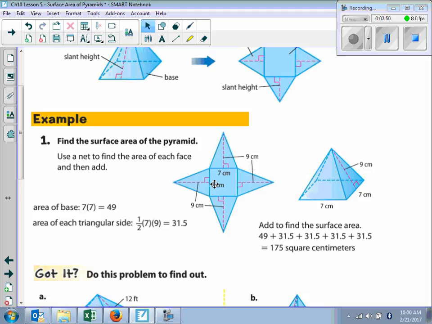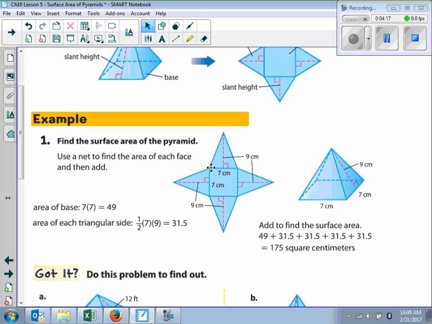Yeah. Now notice that the base for all of the triangles is the same, right? What about the height of all of the triangles? They're all the same, 9, 9, 9, 9. So that means that they're all going to have the same area, right? So couldn't I just find the area of one of those triangles and multiply times 4? Yes, very good.